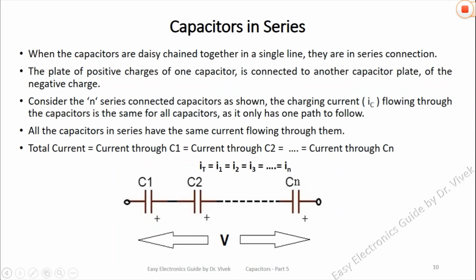When capacitors are daisy chained together in a single line, they are in series connection. For series connected capacitors, the charging current flowing through the capacitors is the same for all the capacitors.